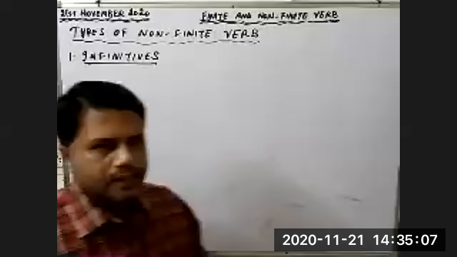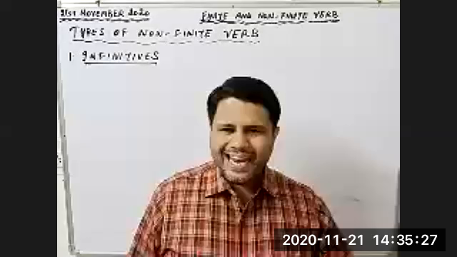Children, I have already told you what is infinitive. Infinitive is the base form of the verb. It can be used with to, it can be used without to. That is called infinitive. But one thing is there, it will not act as a verb. It will not have any tense element. That is the reason it is put in the category of non-finite verb. Let me write the definition of infinitives.